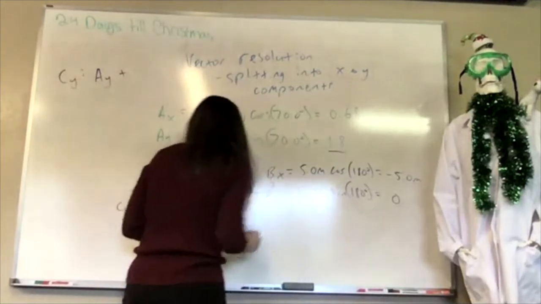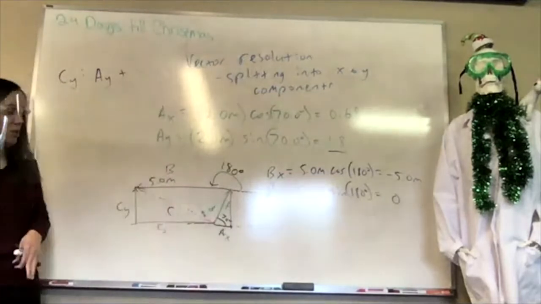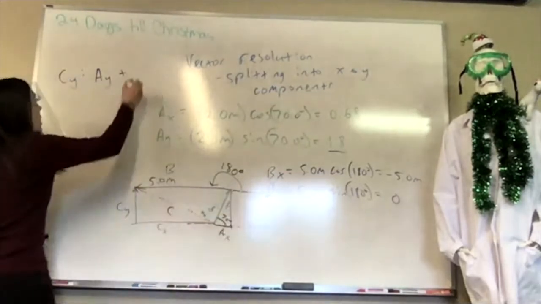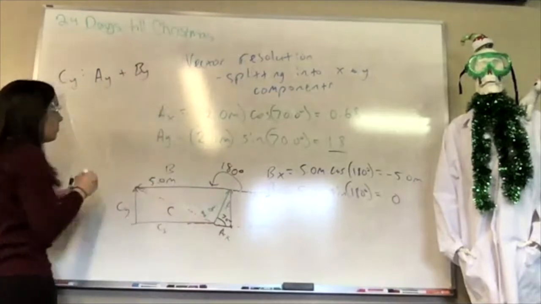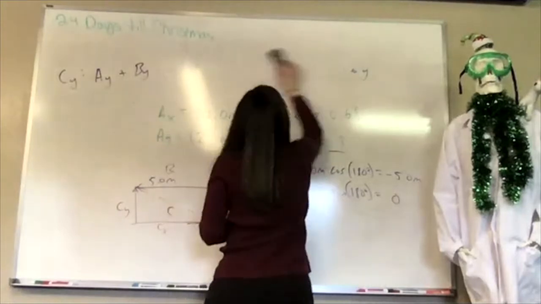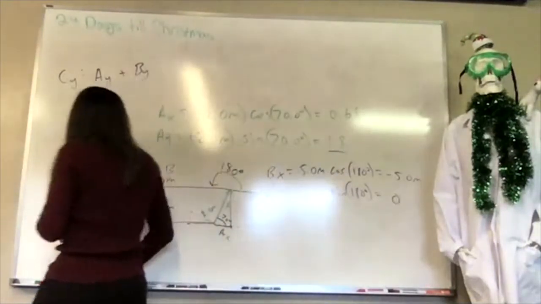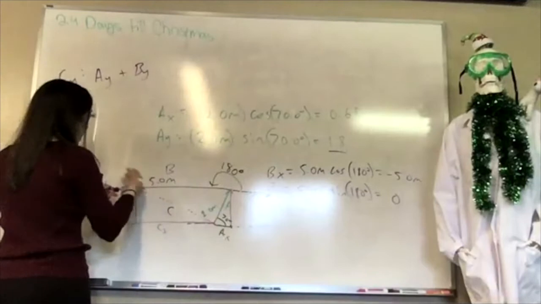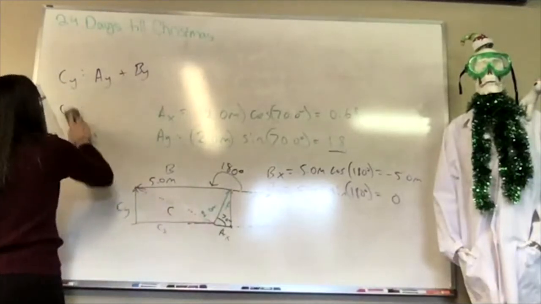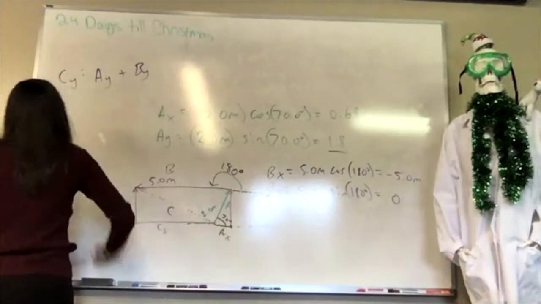We label this as A and that's B, so that should be B of X and B of Y. So C of Y is A of Y plus B of Y, and same thing for C of X: A of X plus B of X.